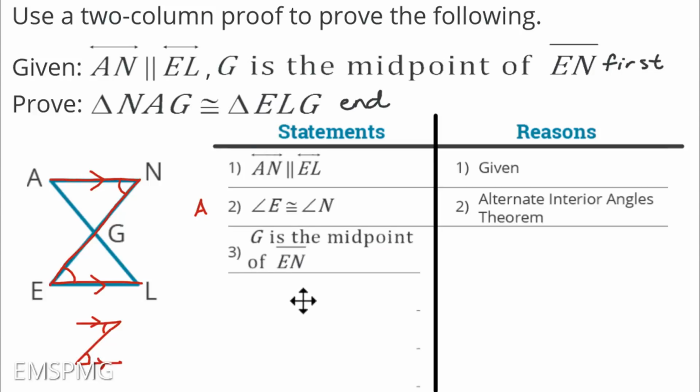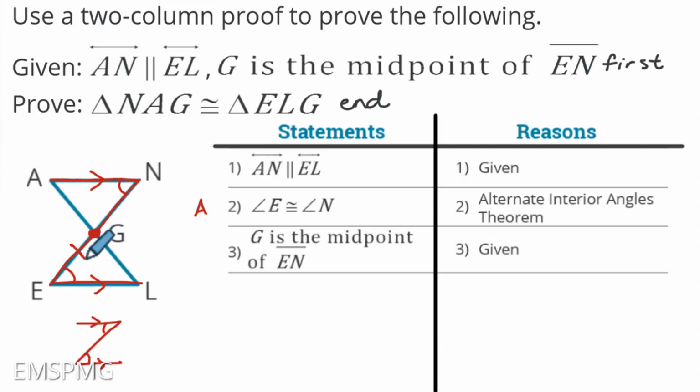It says G is the midpoint. The reason that we know this is because this is given information. Now, if G is the midpoint, where does G lie in regards to this entire segment EN? G is going to land directly in the middle. So this is half and this side is half, meaning equal halves are going to be congruent to each other.